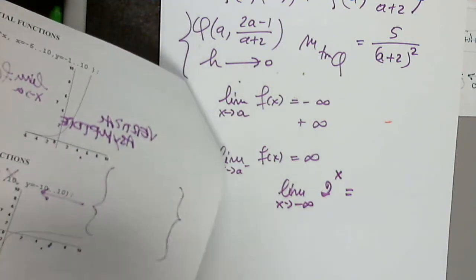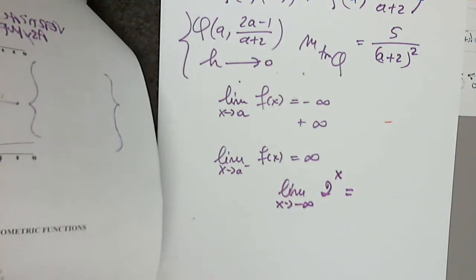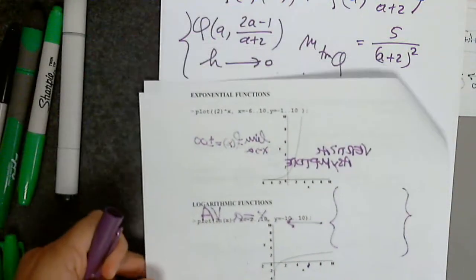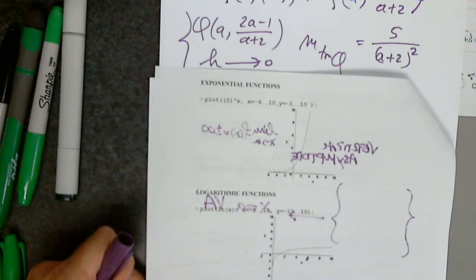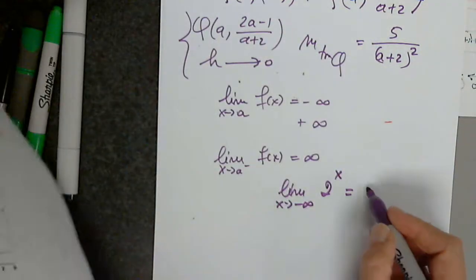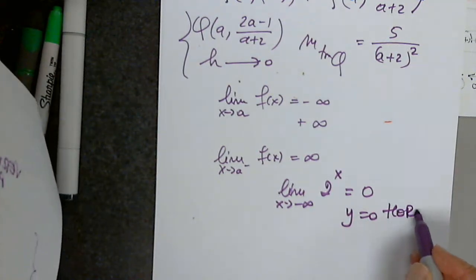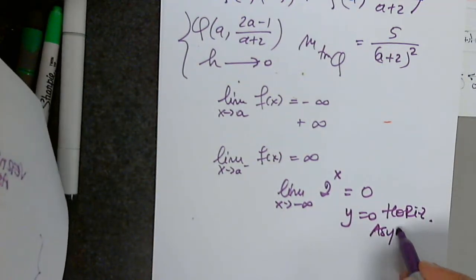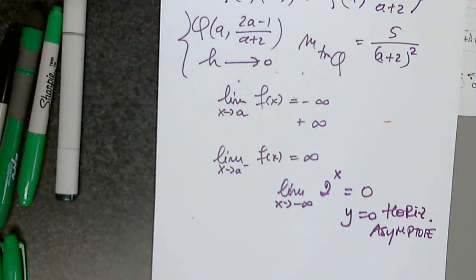I just don't want to wait till later on. I want to analyze these graphs as soon as possible. Can anyone, by looking at the graph, tell us what the answer is? Of course, 0, which means y equals 0 is a horizontal asymptote. Indeed. Very good.